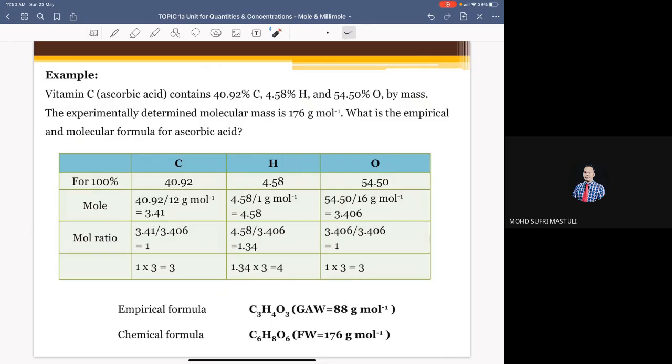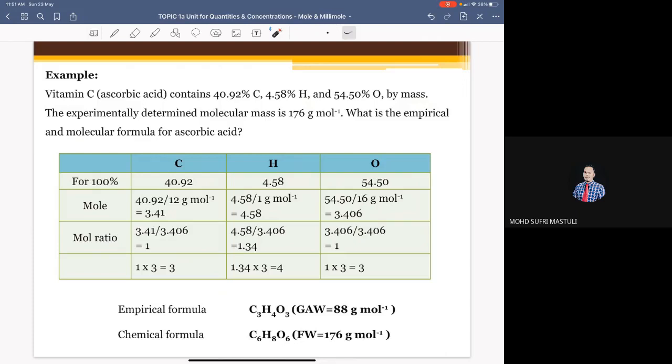Same goes for hydrogen, 4.58 divided by 1 gram per mole. Oxygen, 54.50 divided by 16, you can obtain 3.406. After you calculate the mole, you have to calculate the mole ratio. The moles that you obtained just now have to be divided by the smallest number among the moles.